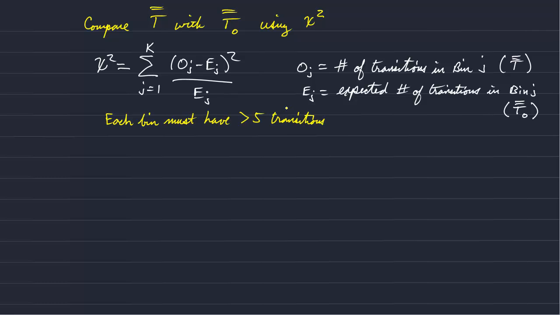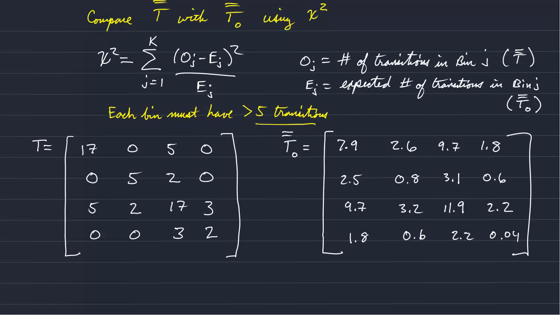So what we're going to do is break up our T and T0 matrices into a number of bins that represent greater than 5 transitions. I've written out the two relevant matrices, and we can see that the first element of T has greater than 5 transitions. So I'll make that bin 1.